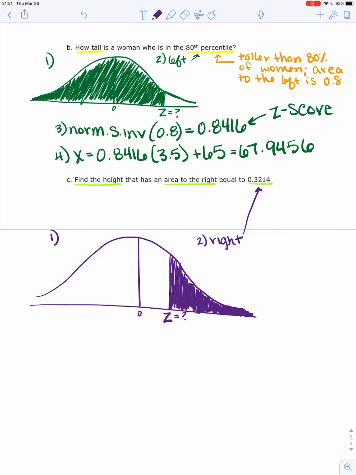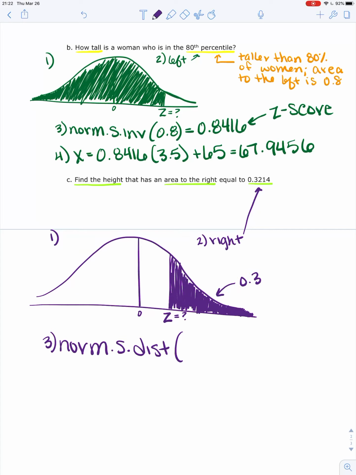So I've drawn my curve, I've shaded to the right, so now I'm going to go into Excel. I'm going to go to norm.s.dist, but remember what I said, Excel assumes that you are entering the area to the left of your unknown z-score. We have the area to the right.